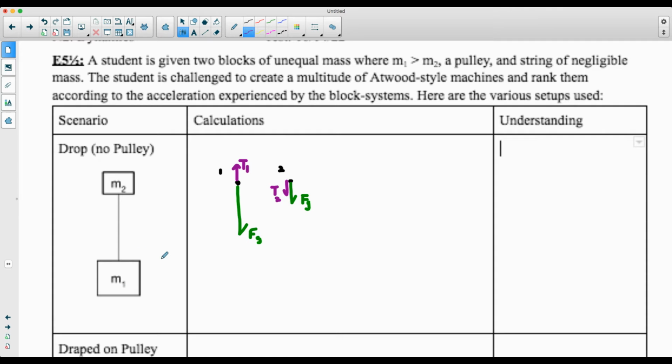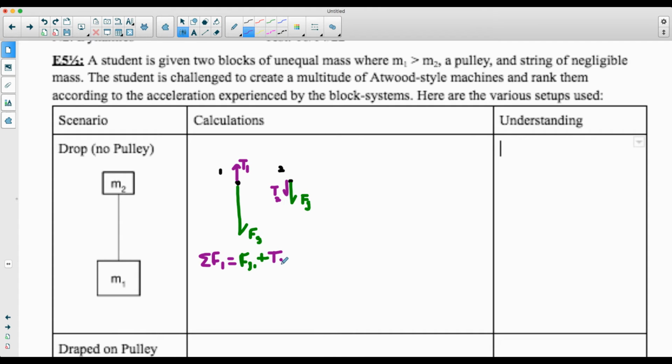You guys may already know what's going on here, but let's be formal about it. The sum of the forces on block 1 is just FG1 plus T1.